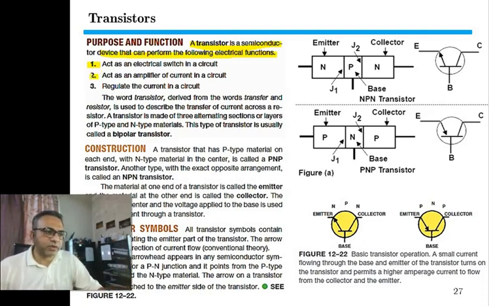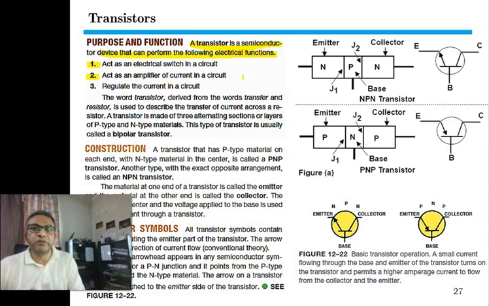Then the second application is to act as an amplifier of a current in a circuit. How can it act as an amplifier? We must not forget that the collector current is equal to the base current multiplied by the gain, or beta. IC is equal to beta times IB. So the amplifier will provide a gain to the collector current.